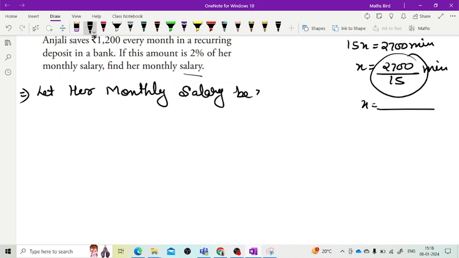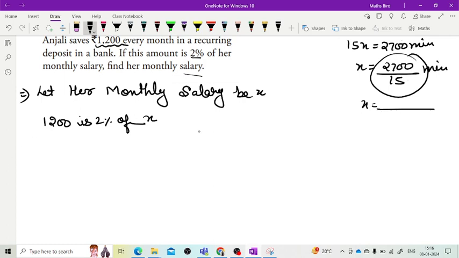be x. Whatever they are asking, whatever they are asking about, we will assume that as x. Let her monthly salary be x. We will do the same thing. Okay, so what they are saying: Anjali saves 1200 every month in a recurring deposit, and if this amount, this recurring deposit amount, is 2% of her monthly income, that means they are saying 1200 is 2% of her monthly salary, and we are assuming monthly salary x, so of x, right?